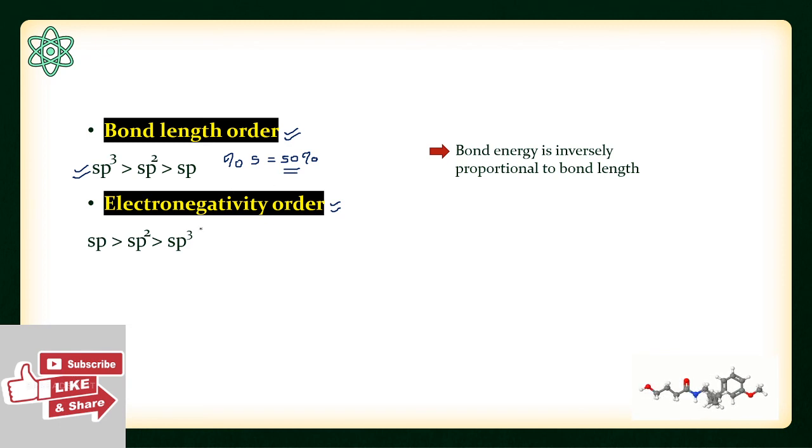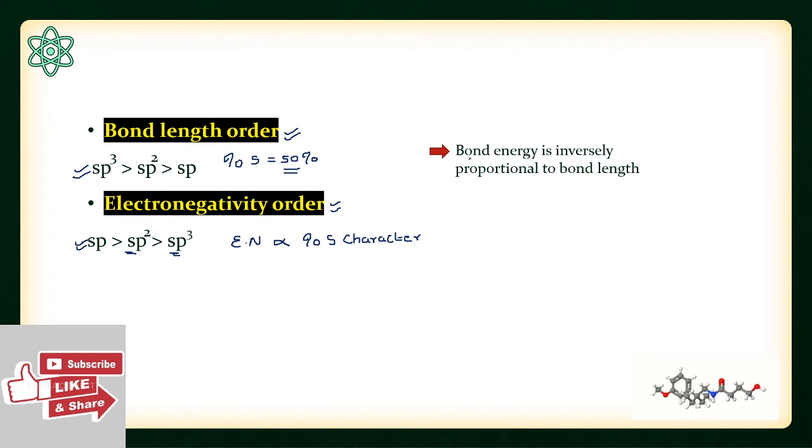Now talking about electronegativity, this is a very simple thing to remember, that electronegativity is directly proportional to percentage s character, and that is why sp has the highest electronegativity, then sp2, and then sp3.